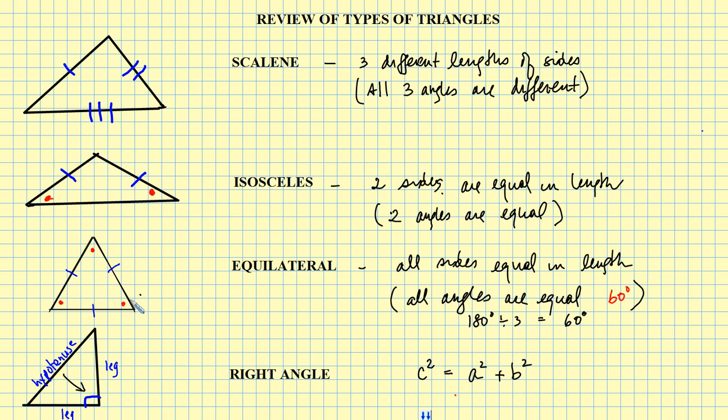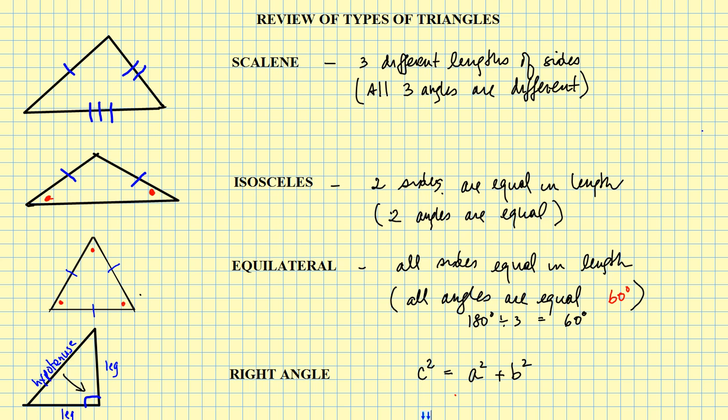I will take 180 degrees and divide that by 3, because there are 3 angles, and we know that each angle is going to be 60, and all 3 sides are the same length. And then we have the right triangle that has one 90-degree angle, which is opposite the hypotenuse. Therefore, it is the largest angle opposite the longest side. And then we have the 2 legs of the 90-degree triangle.